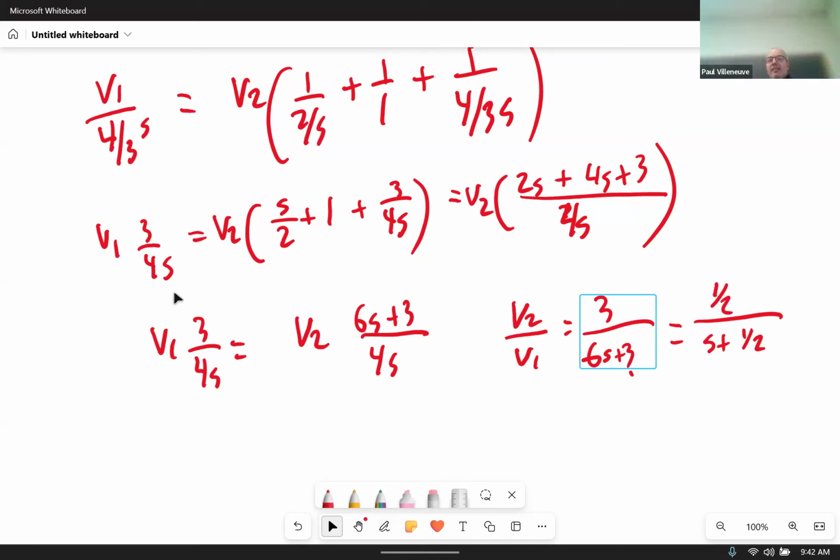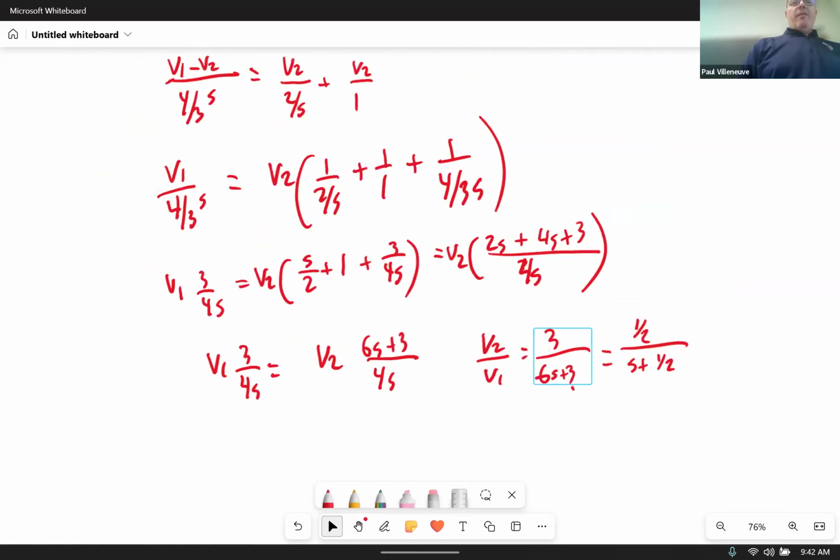That is the transfer function for this particular circuit. That would be easy to take back to the time domain. Got that? How to do the transfer function? So this is the transfer function for V2 over V1.